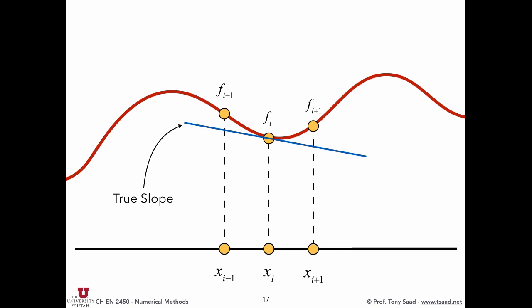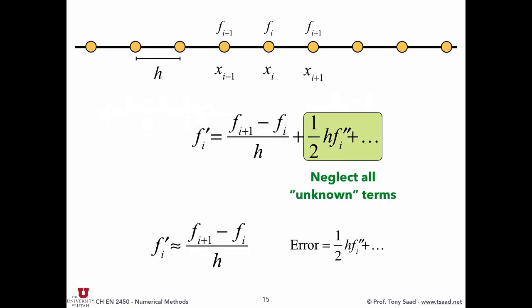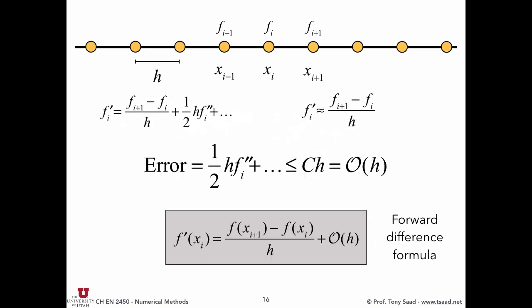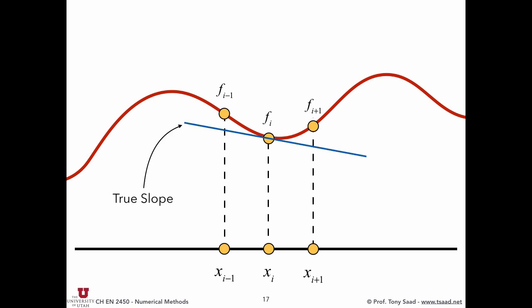By the way, this is called forward difference, because at point i, we're using data from the next point, the forward point, from i plus 1, rather than using previous points. So we're using points from i plus 1 and point i, so we call this the forward difference formula.